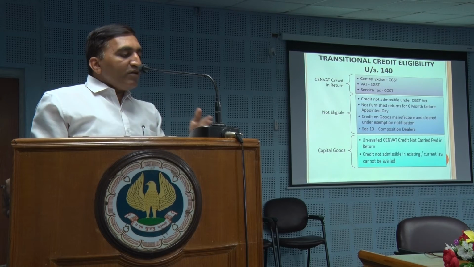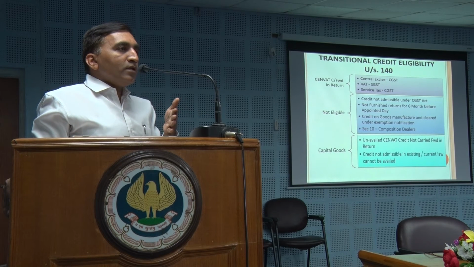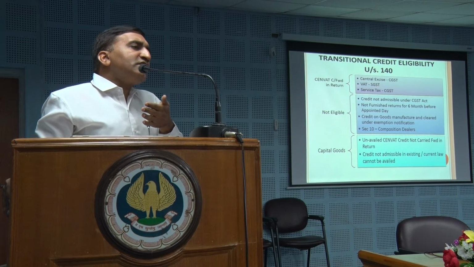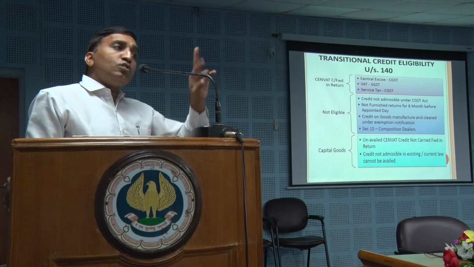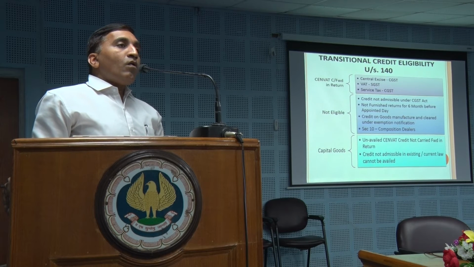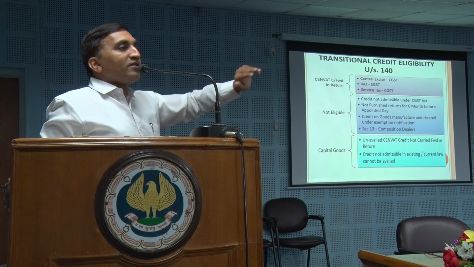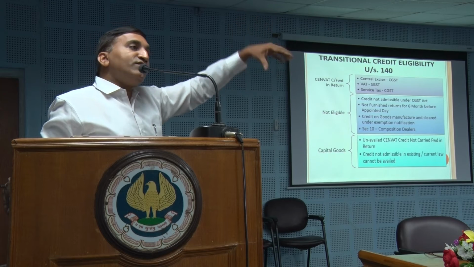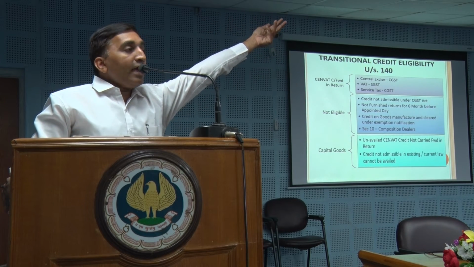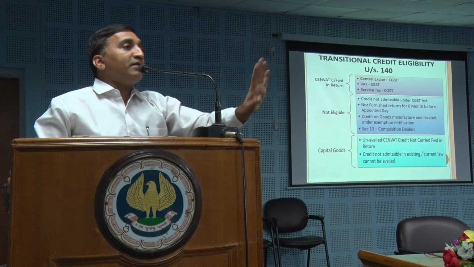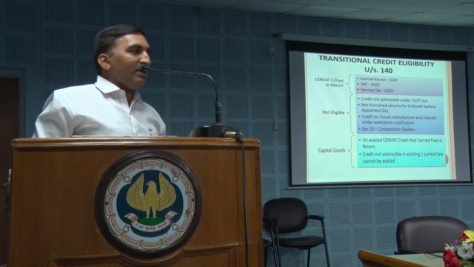Now before 30th June, I might have purchased many assets, either in VAT or central excise. Here there are two scenarios. First scenario: whatever asset is there, first 50% I have claimed in the previous year before 30th June, and the balance 50% also I have claimed. That means nothing is unavailed.